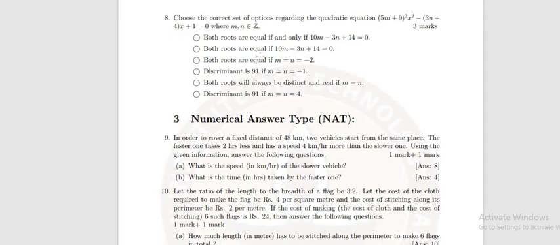So in option 1, the option is stating that both roots are equal if and only if 10m minus 3n plus 14 is equal to 0. Fine.